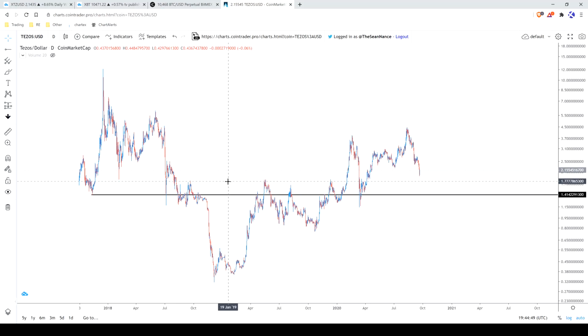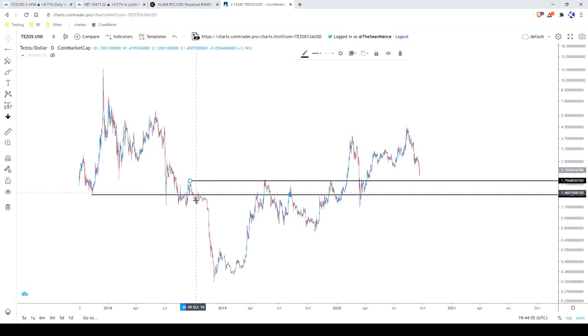And we're pretty close to this one here, where we had price action already. 1, 2, 3 touches. If this continues down as I expect, I think we could see a massive move up from Tezos.